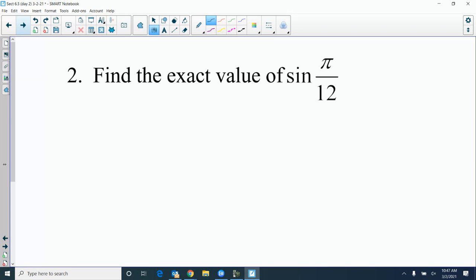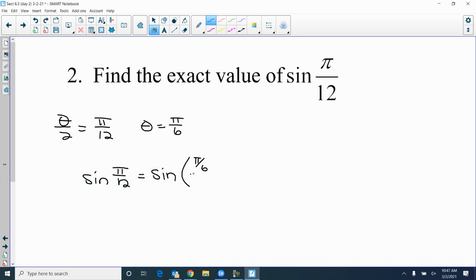But we want to say what divided by 2 equals pi over 12. Okay, what angle divided by 2? The angle divided by 2 would be pi over 6. So here's kind of what we got. The sine of pi over 12 is going to be the equivalent to the sine of pi over 6 divided by 2.